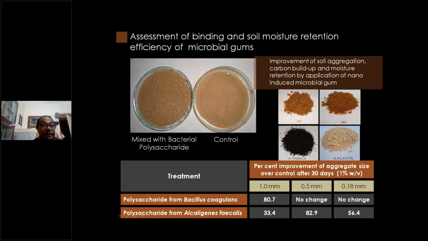In Joshimath soil, where more than 95% of particles are sand, within 1 month we are getting fine aggregates: a 33 to 80% increase in 1 millimeter size aggregate, 82% improvement in 0.5 millimeter size aggregate, and more than 50% improvement in 0.18 millimeter size aggregate.